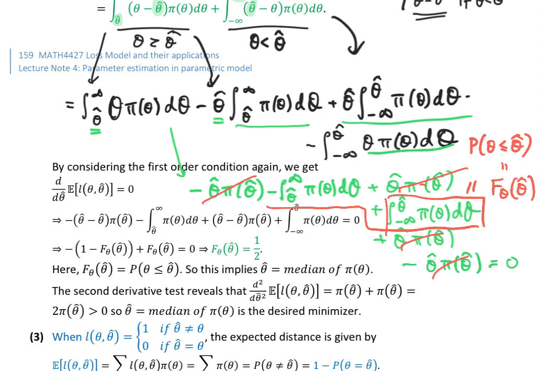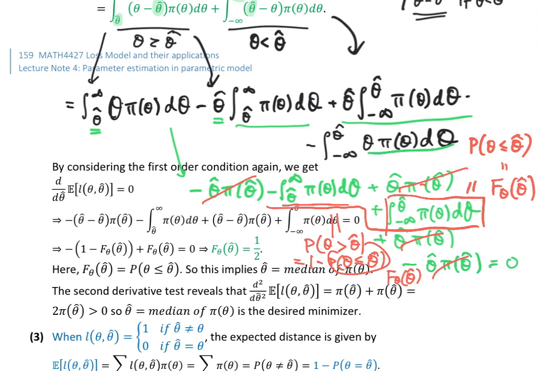Now how about the first term? The first term is just equal to the probability that theta is greater than theta hat, which is equal to 1 minus the probability that theta is less than or equal to theta hat. And this one again equals the CDF.